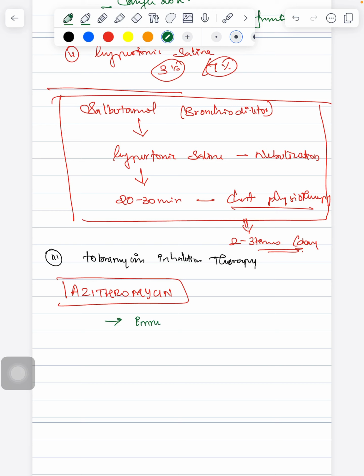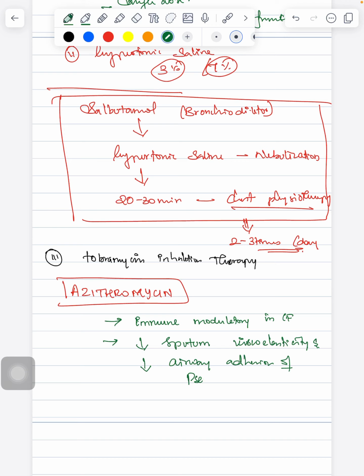Actually, this decreases the sputum's viscoelasticity. So the azithromycin will decrease the sputum viscoelasticity, and it will decrease the airway adhesion of your Pseudomonas also. This is given at the dose of 5 mg per kg per day.